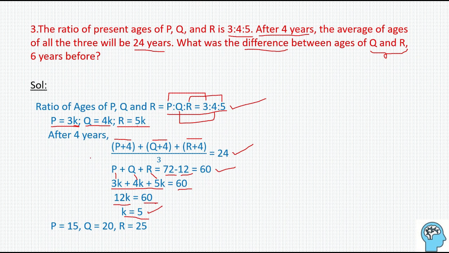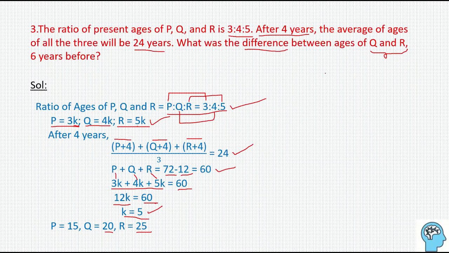Now separately substitute the value of K here, and you're going to get the values as 15, 20 and R is 25. These are the values of P, Q and R.